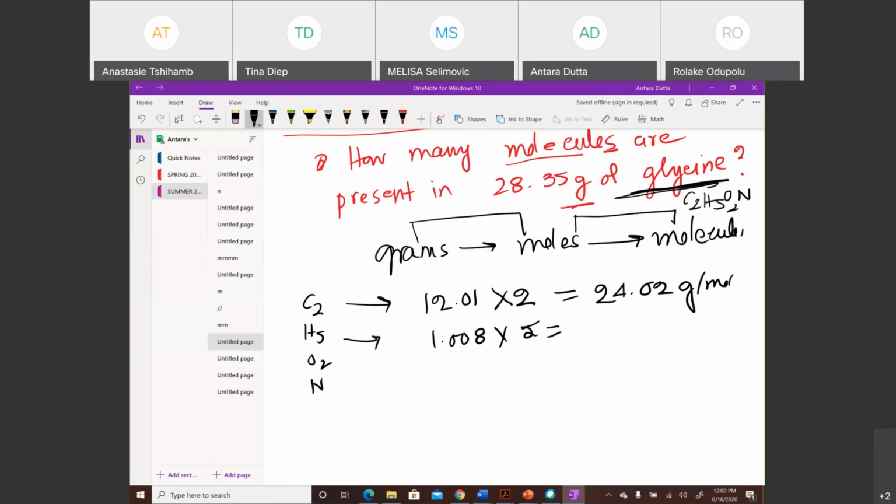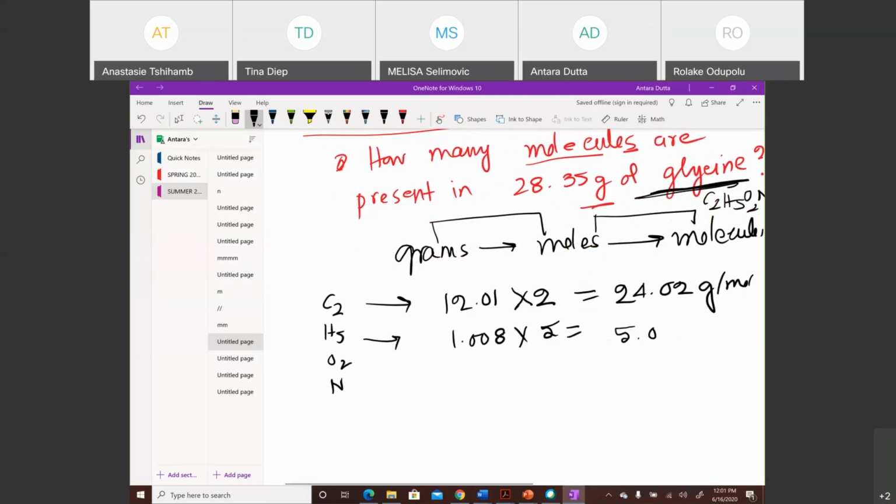So 5.04 grams per mole. Then O2 should be 16, mine is 15.9944. Some periodic charts, they round it off, they write 16.00.